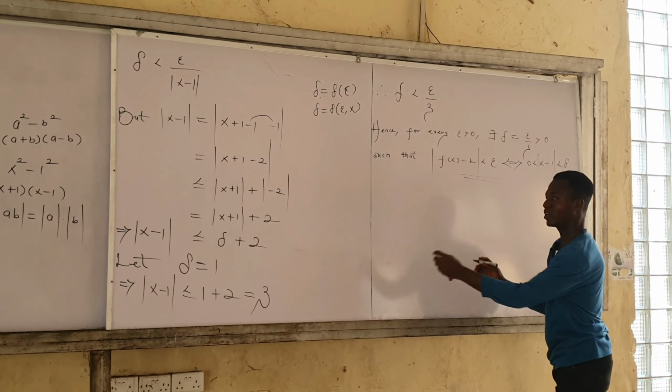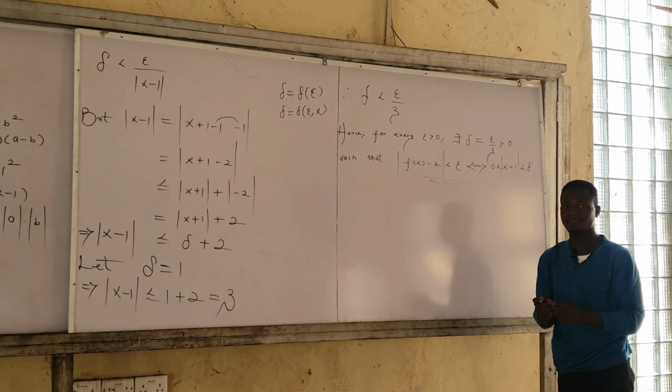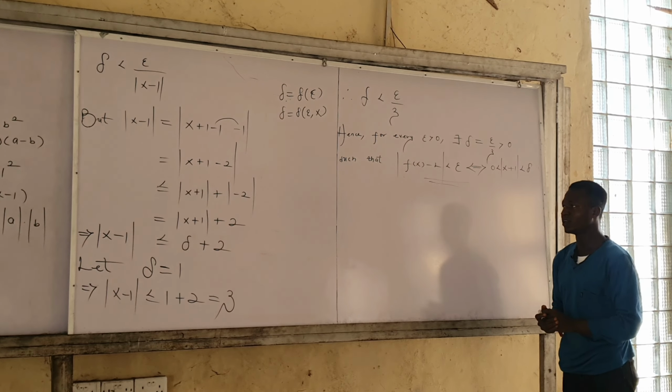So this concludes our proof, and that is how we can show that the limit of a function exists using the epsilon delta definition.